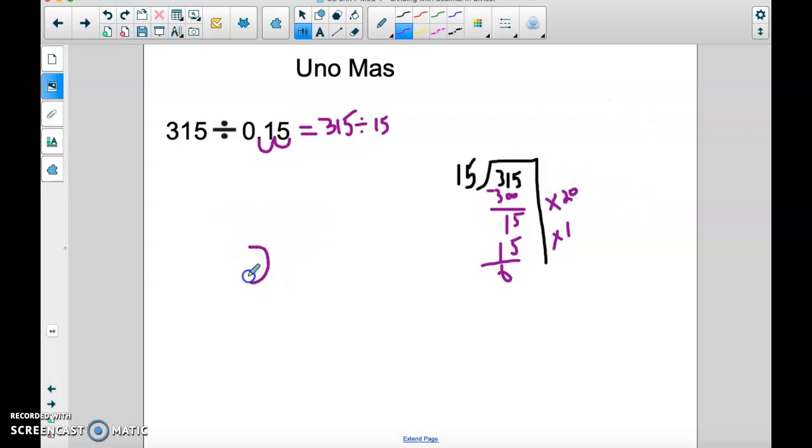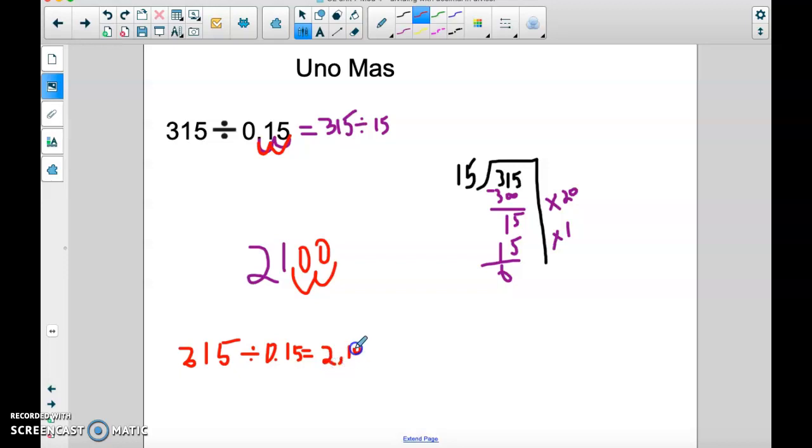So it would be 21. But I'm not done, because I went one jump, two jumps. So now my answer, I go one jump, two jumps. So my answer to 315 divided by 0 and 1500ths would be 2,100. Okay?